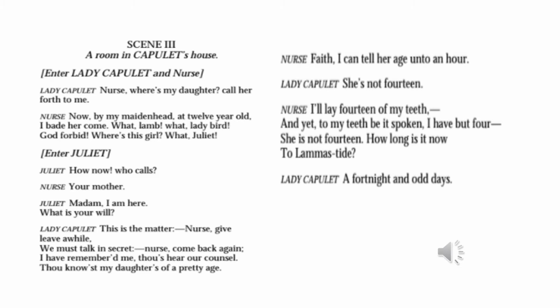Right, just pause me and write a comment there for the what lamb, what ladybird, about how the nurse uses these very loving pet names for Juliet. And through those pet names, lamb and ladybird, Shakespeare makes it clear right from the start, so the very first time that we hear the nurse speak, how affectionate her love is for Juliet.